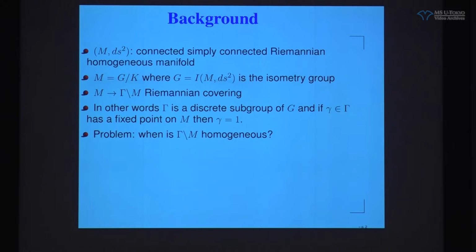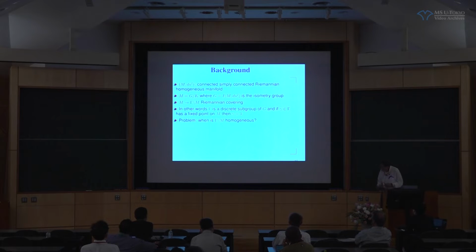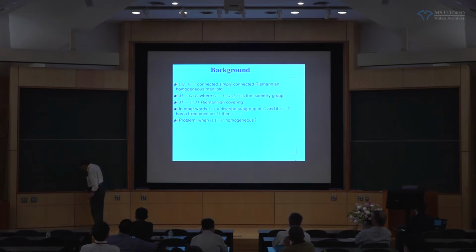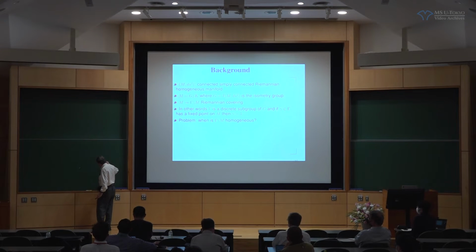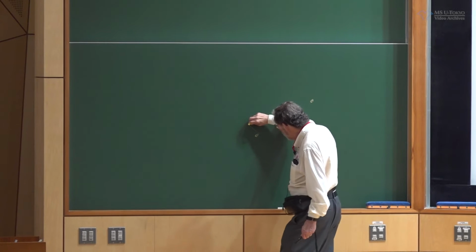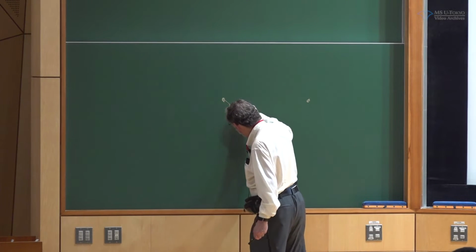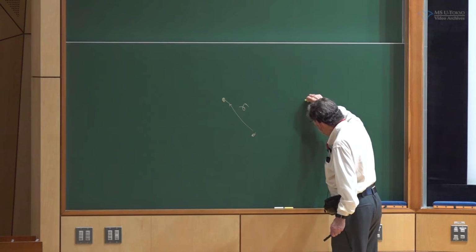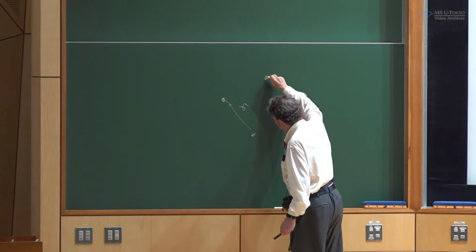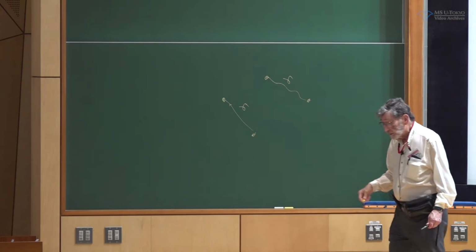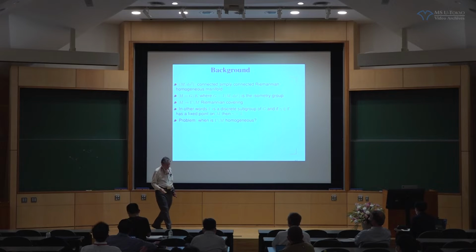Well, the first step here is a very nice, I think, description. So I take 2 points on M, and I look to see what happens when I move them under a covering transformation.